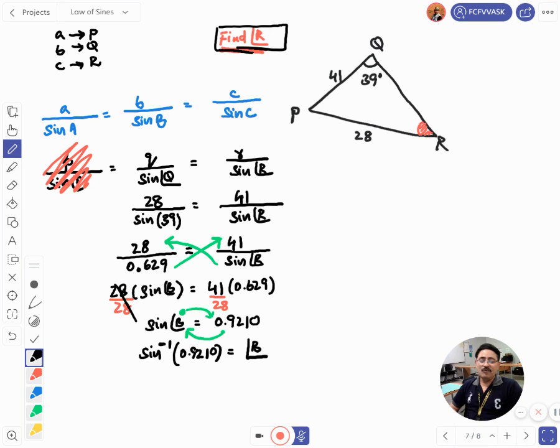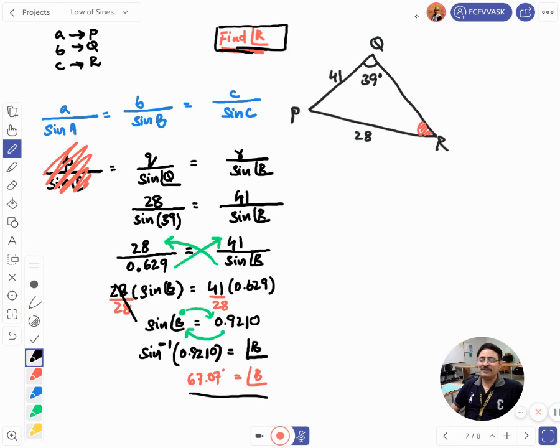In the same way, while finding angles, sine is there, and in the next step I am taking sine inverse, the inverse operation. So sine inverse of 0.9210 is 67.07 degrees. That's the value of the angle.